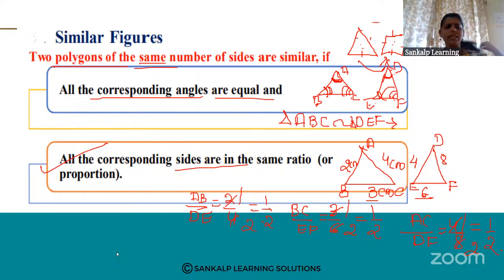So in case of triangles, if all corresponding angles are equal and all corresponding sides are in the same ratio or proportion, then only we can call the two triangles similar triangles. These two conditions are very, very important.